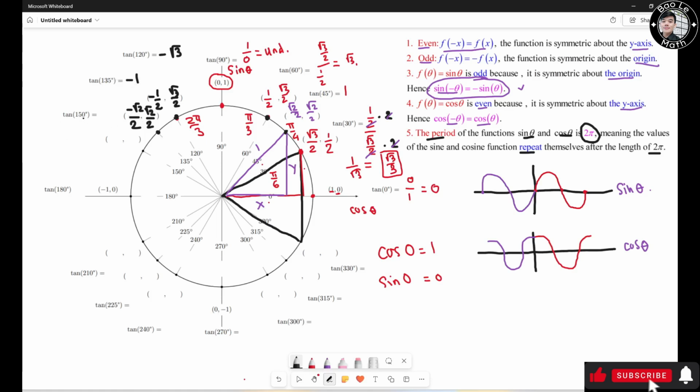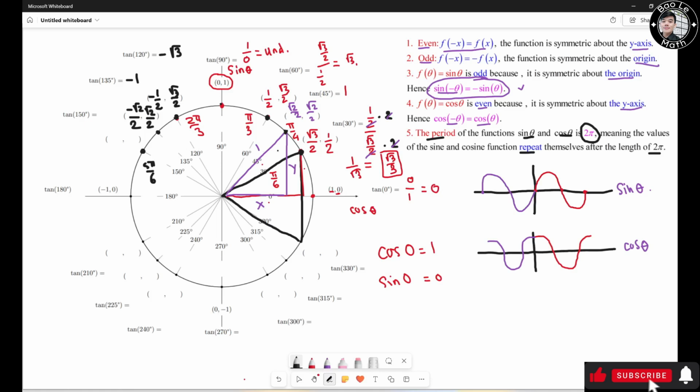Now, tangent of 150 degrees, we need to find this point right here. 150 degrees is the same thing as 5 pi over 6, right? Because you can see 1 pi over 6, 2 pi over 6, 3 pi over 6, 4 pi over 6, and this is 5 pi over 6. So sine and cosine of pi over 6 is going to be opposite to this one right here, right?